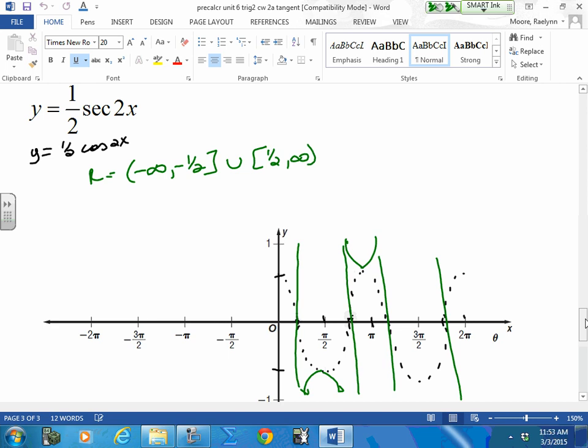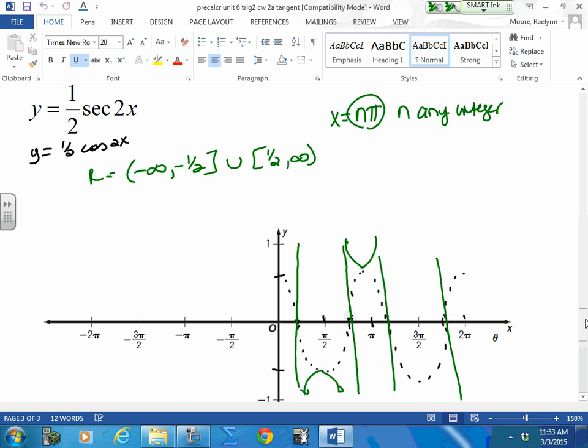Now, your domain changes. Your original domain of your secant curve. Pick up the chart. Your secant curve. It's on the back. What's your original domain set? All real numbers, except where n is any integer, right? Now, this is how you do this.